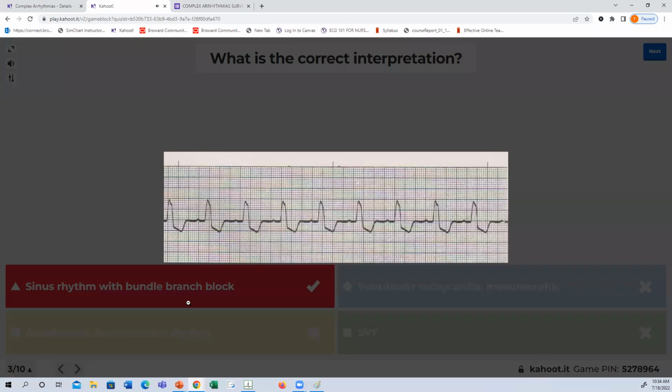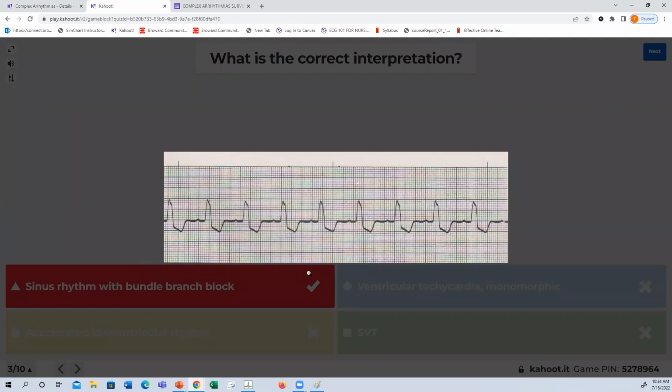Okay, so this is sinus rhythm with bundle branch block. And the reason why it is bundle branch block is because we see a normal pattern for all the waveforms except for the QRS complex. The QRS complex is wide, as you could see, and there's slurring of the QRS in itself.